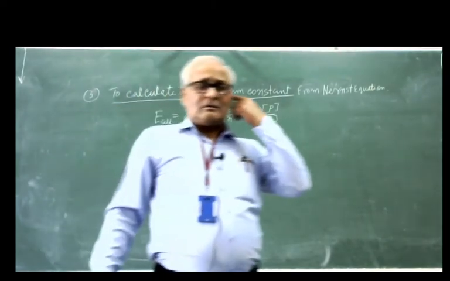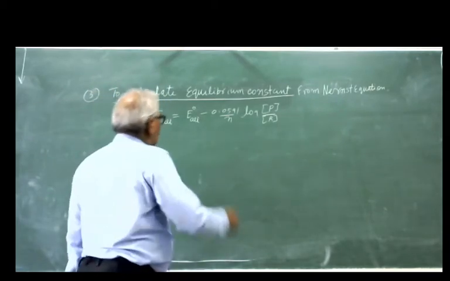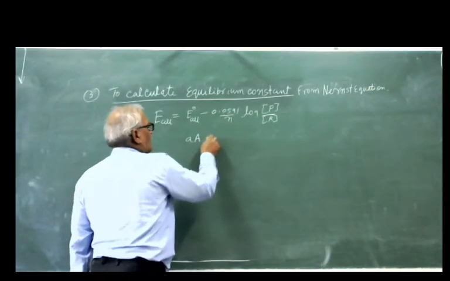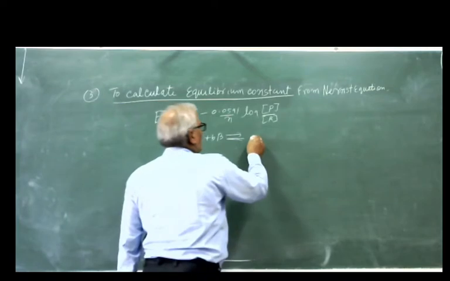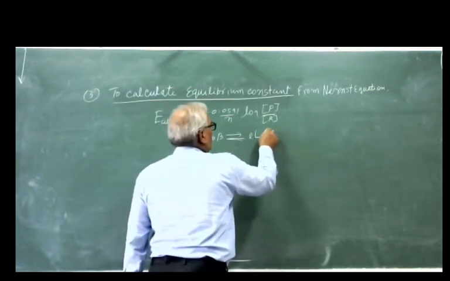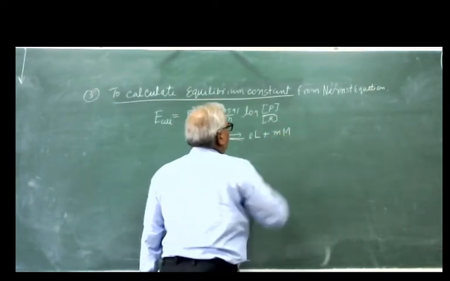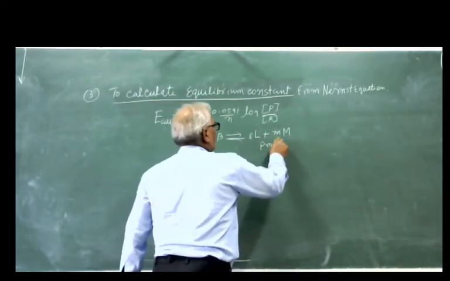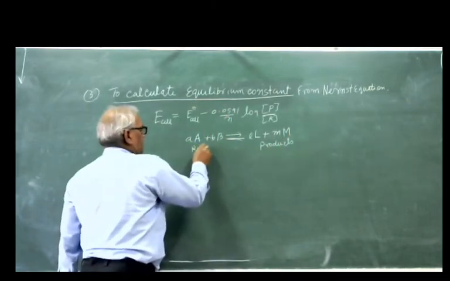Let us consider that this is the chemical reaction. a moles of A plus b moles of B react together giving l moles of L and m moles of M. So these are the products, and these are the reactants.